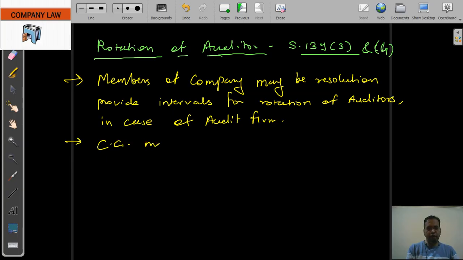Central Government may by rules prescribe the rotation procedures.